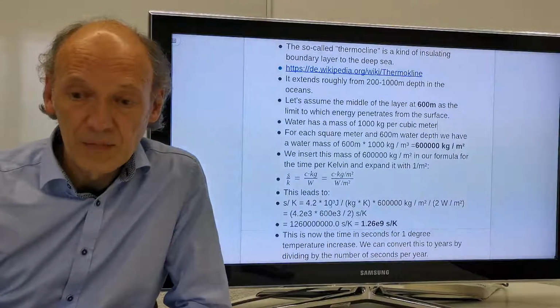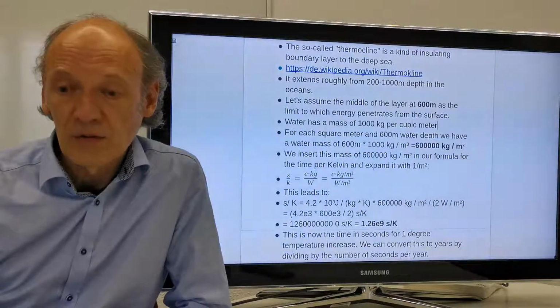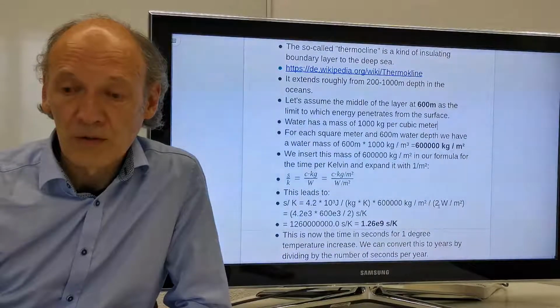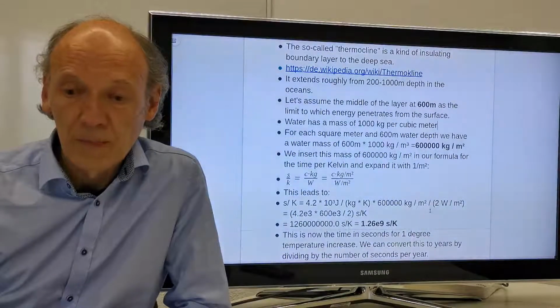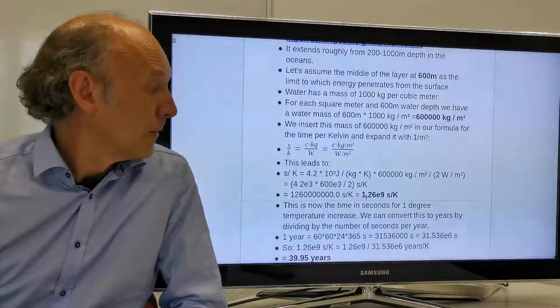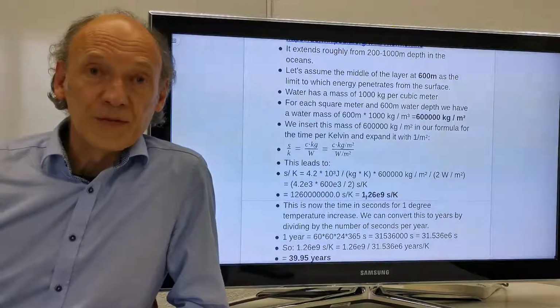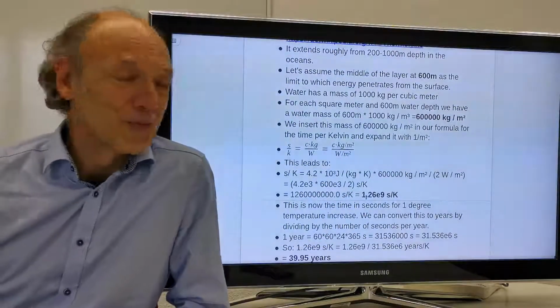Here is the C, 4.2 times 10 to the third joules per kilogram and Kelvin. Here we have our 600,000 kilograms per square meter, and then here the 2 watts per square meter. Then if we compute it, we get the result of 1.26 times 10 to the 9th seconds per Kelvin.